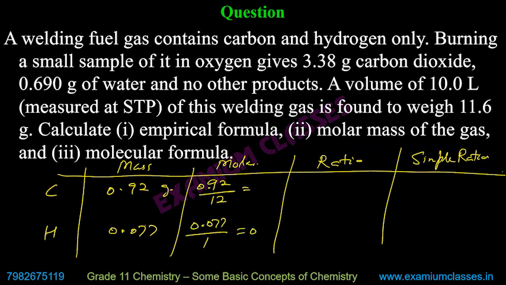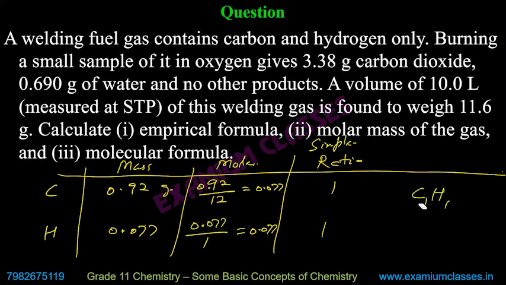So you will get 0.077 here also. It means the simplest ratio is 1:1. The simplest ratio you got directly, you don't need to have another column. It means the empirical formula is C1H1, CH. So empirical formula is CH.